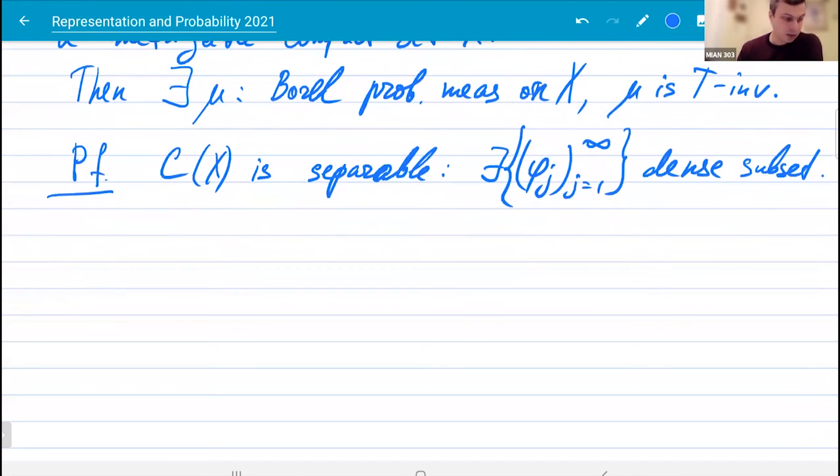The set of the bounded linear functionals on C of X is just the set of all signed measures.